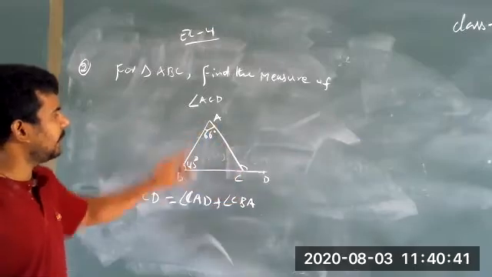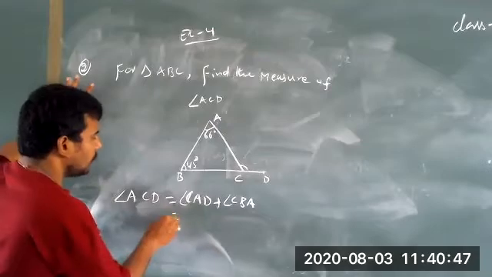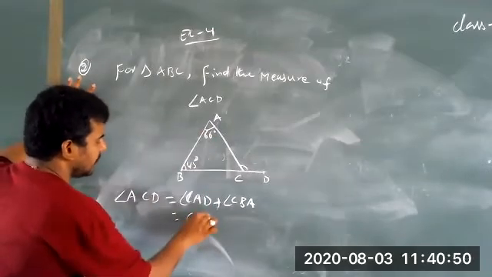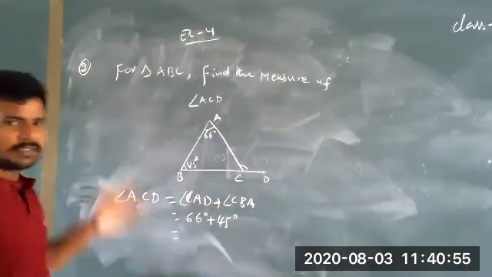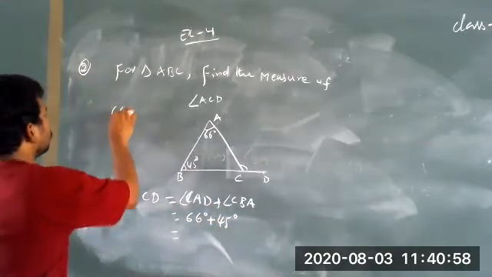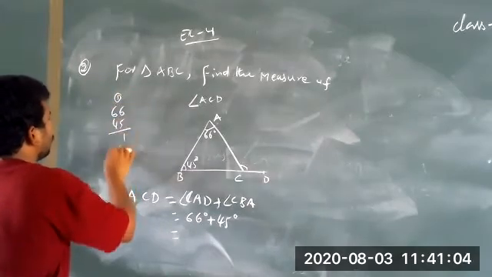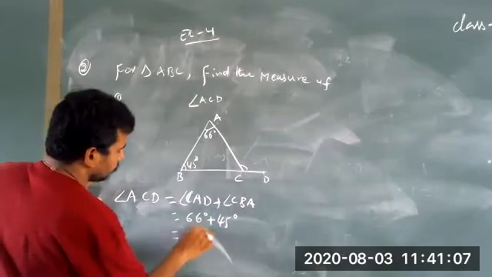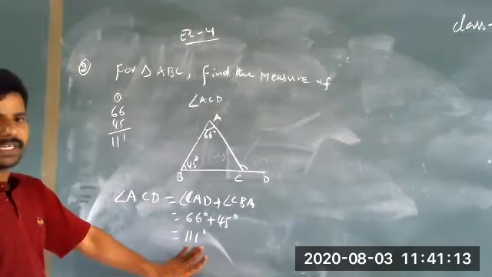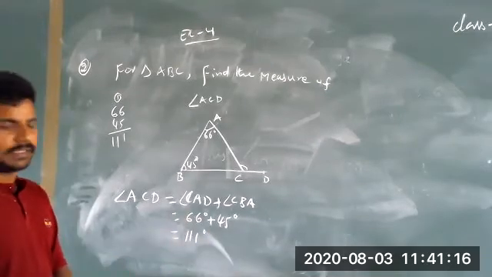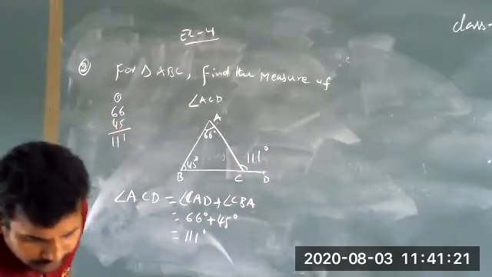CAD is this angle, 66 degrees, plus angle CBA, 45 degrees. Now we add 66 plus 45: 5 plus 6 is 11, 1 carry, 1 plus 6 is 7, 7 plus 4 is 11. Total 111 degrees. So angle ACD is 111 degrees. Clear? Next.